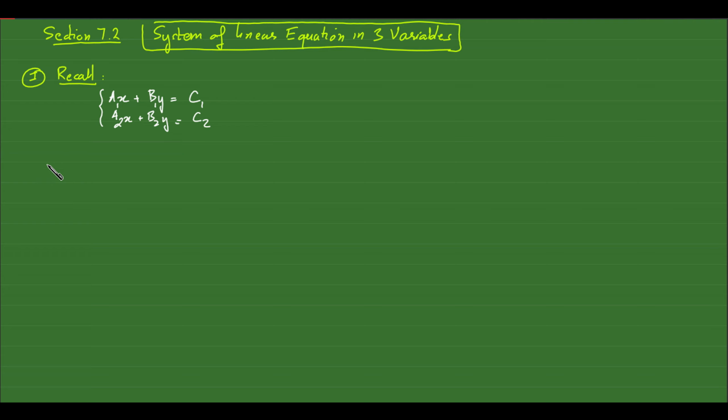Okay, so let's jump to our concept today. I'm going to write a little bit more here. The solution of the above system is the intersection point of 2 lines.